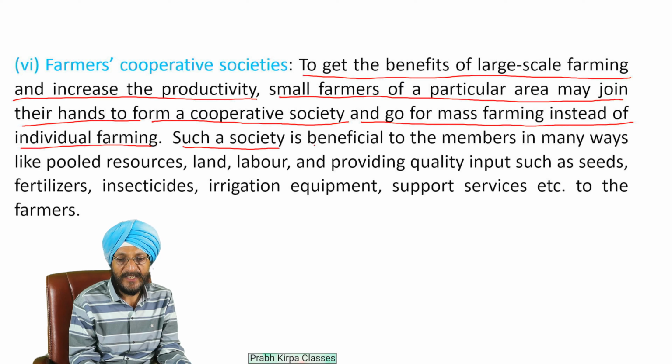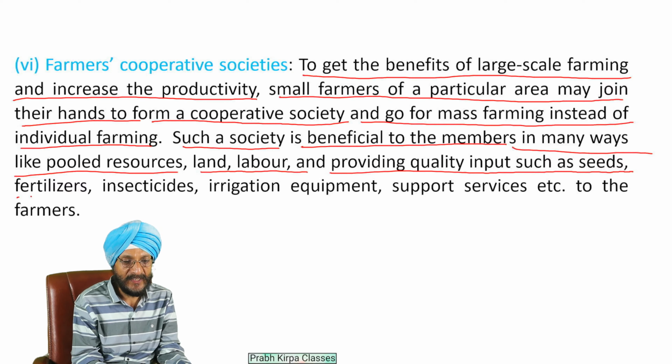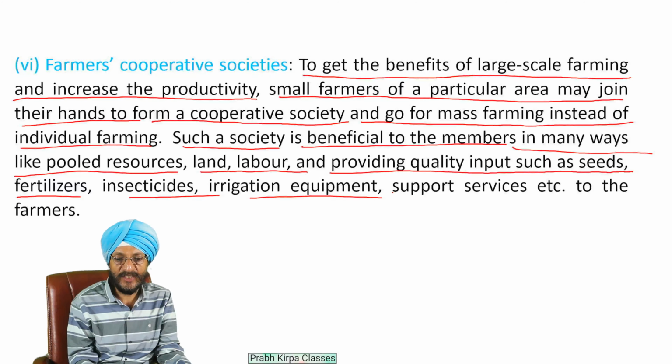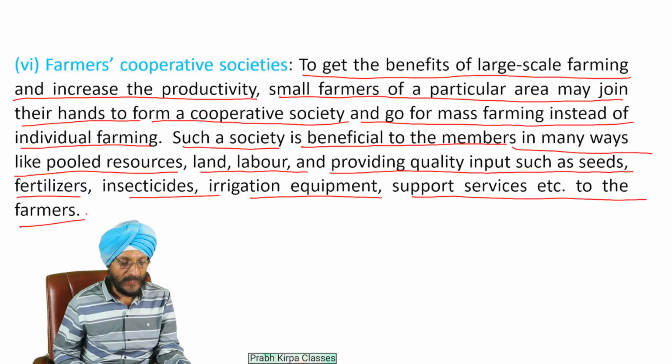Such a society is beneficial to the members, that is farmers, in many ways, like pooled resources, land and labor, and providing good quality inputs such as seeds, fertilizers, insecticides, irrigation equipment, and support services to the farmers.